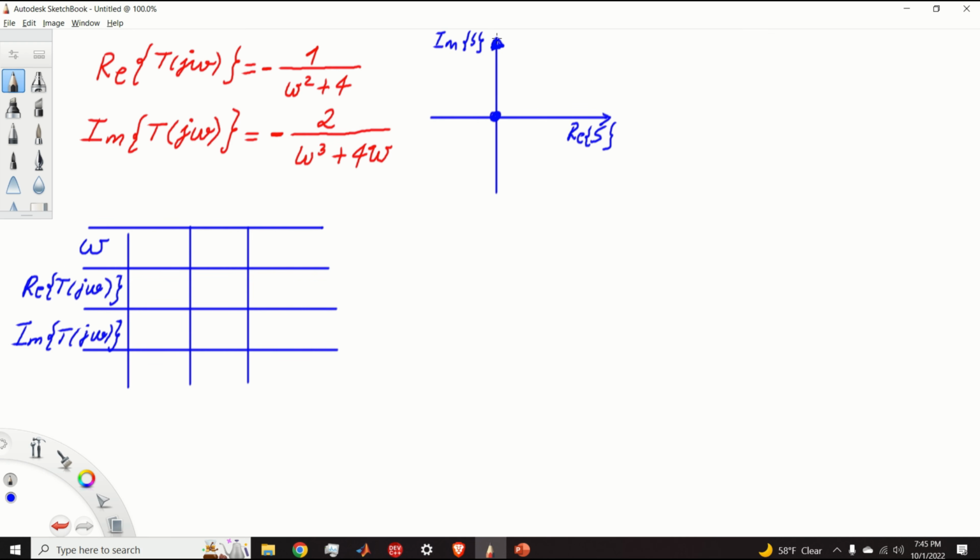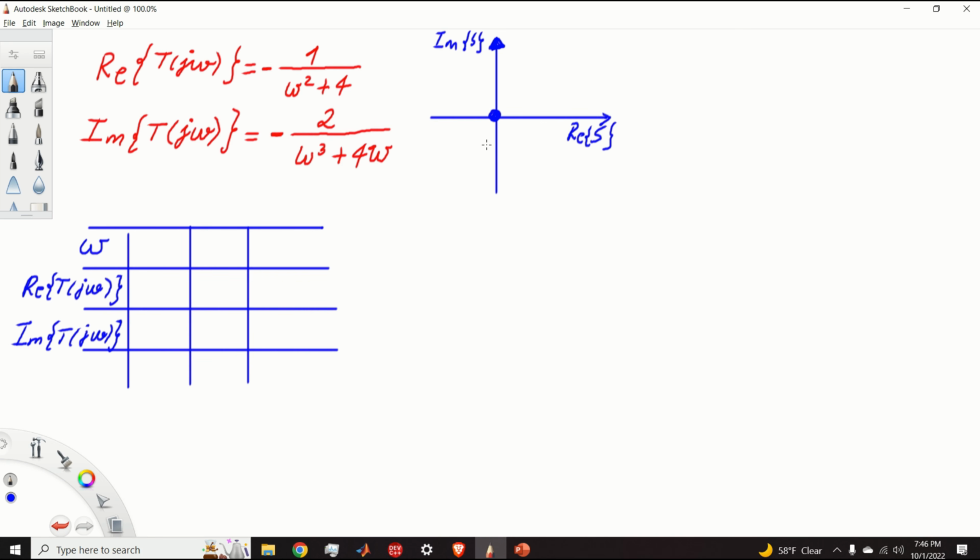Because as you will see later, the Nyquist plot is symmetric with respect to the imaginary axis. So whatever happens from 0 to plus infinity, you can simply mirror this part and you can obtain the values for minus infinity to 0.